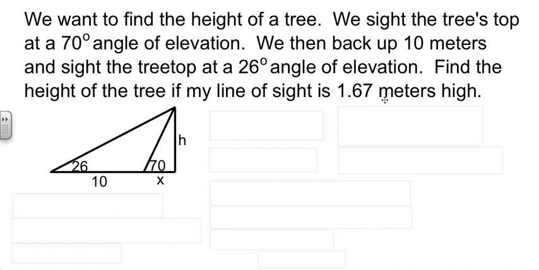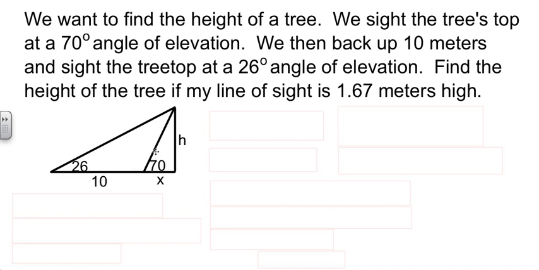And then one other piece of information is that my eyes are 1.67 meters above the ground. So we'll use that at the end to find the final height of the tree. Now with our two right triangles, we're going to write two equations.